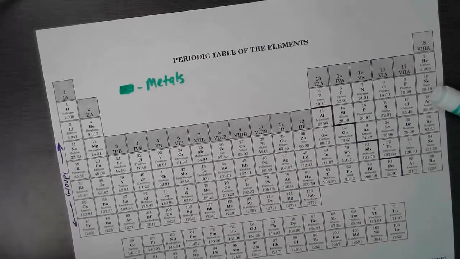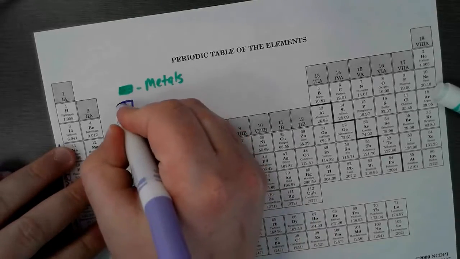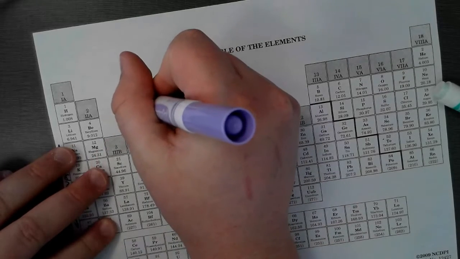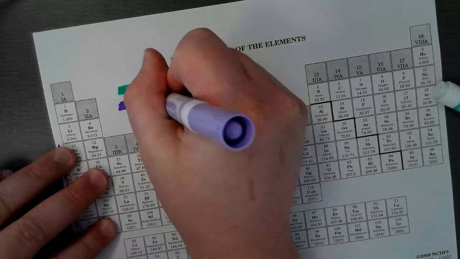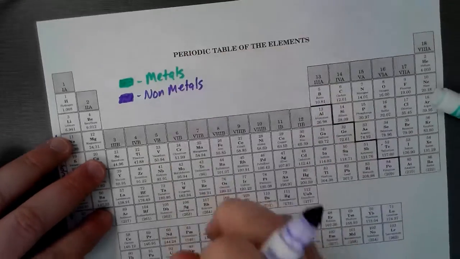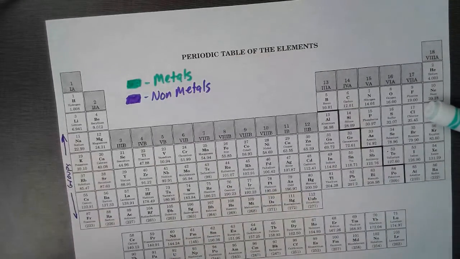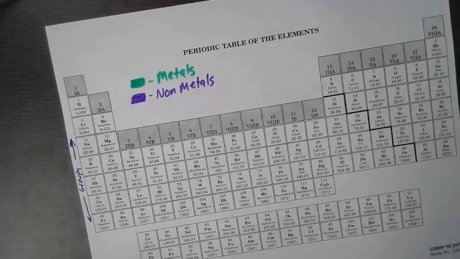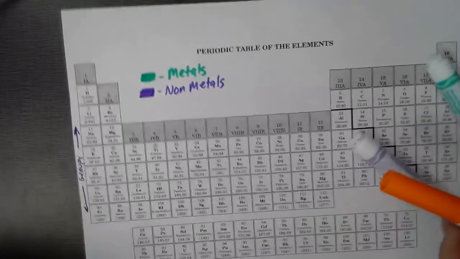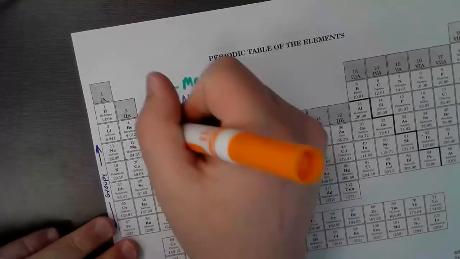Your second color is going to be your nonmetals. And your third color is going to be your metalloids.